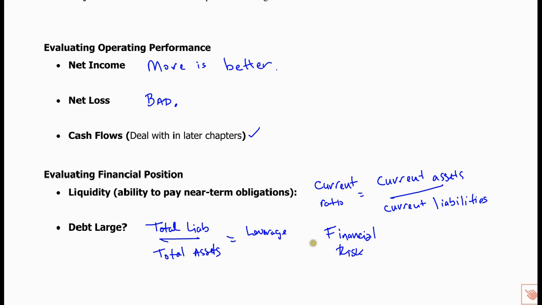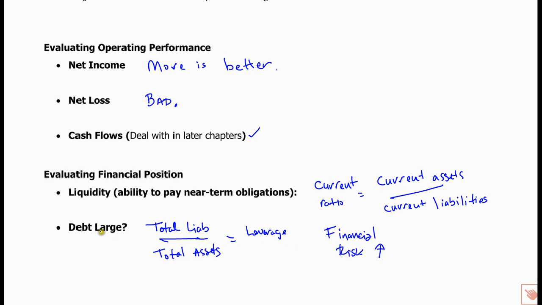So here we are in the first chapter, and you're already getting a sense of how you can use accounting information to assess performance. Net income is good, net loss is bad. More current assets are better. Debt can increase your risk. Sometimes though you get higher risk, higher return. So financial risk is higher, but it may pay off more.